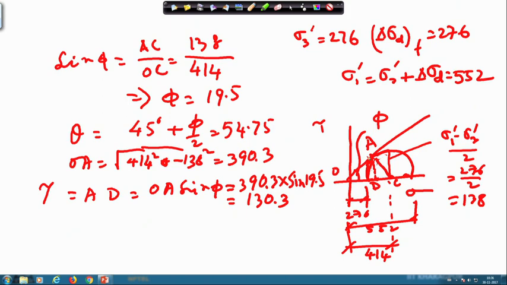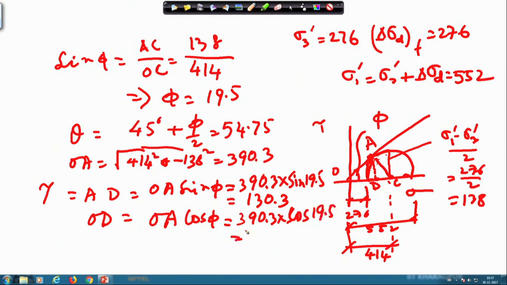Now, at this point what is the normal stress? This is OD. So, similarly I can write OD equal to OA cos phi, which is nothing but again 390.3 multiplied by cos 19.5, and that gives you a value equal to 367.9.